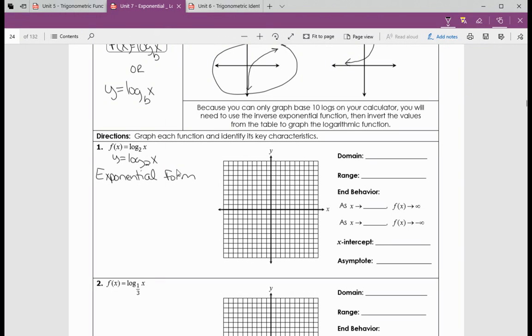If you remember doing that from earlier in the week, you start with your base, go to the other side, so 2 to the y power equals x. Once I write it in exponential form, and some of them are a lot easier to write in exponential form, others are not, I'm going to make my table of values.